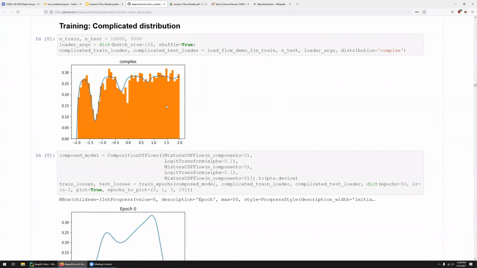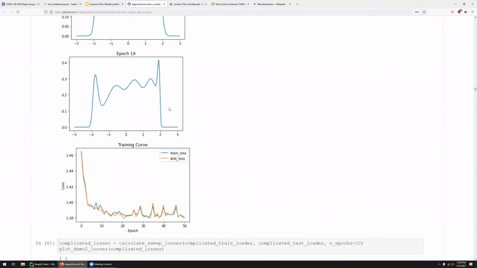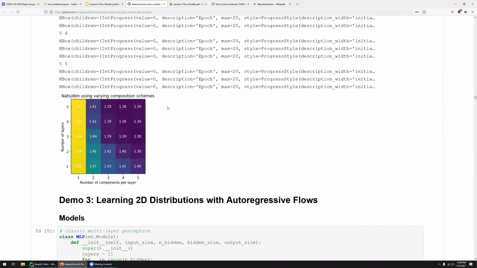Okay, and then the complicated distribution. Yeah, similar here with the mixture of Gaussians. This also seems to say we need to go further, although I would say at about 3 layers, 5 components, it gets to a fairly low point, 1.38.